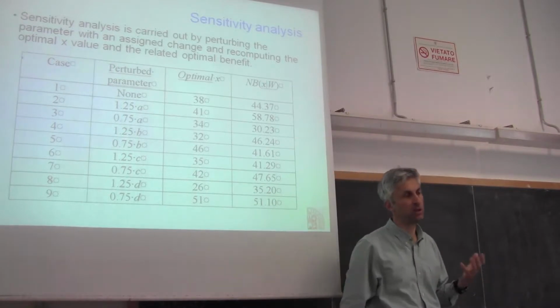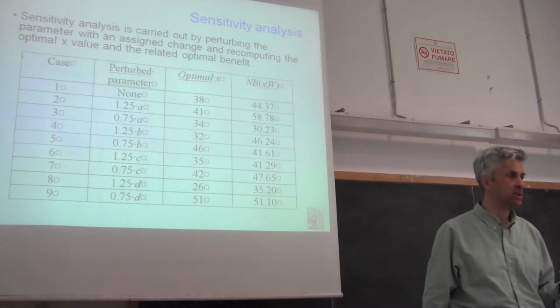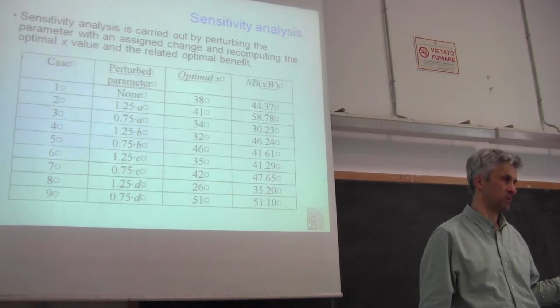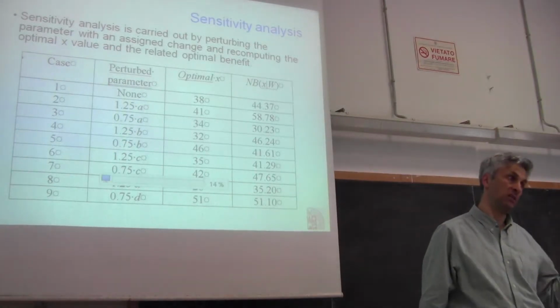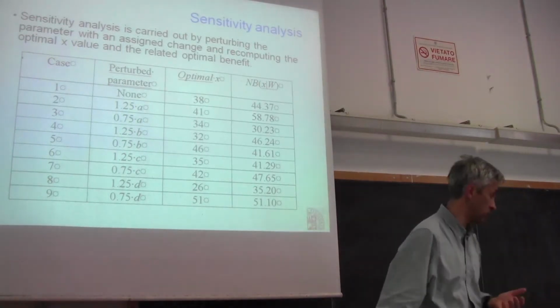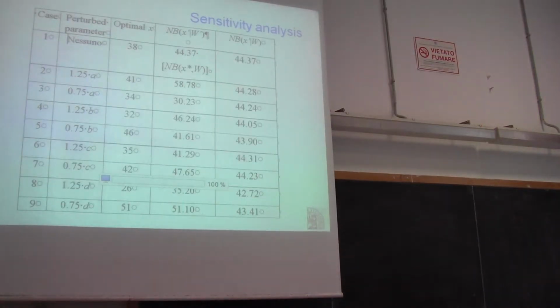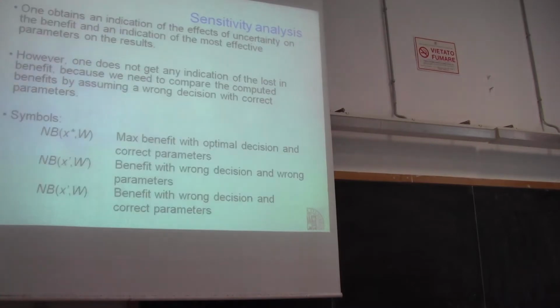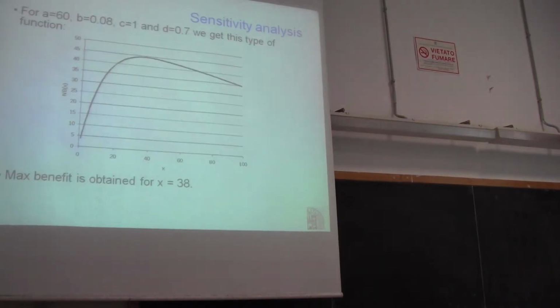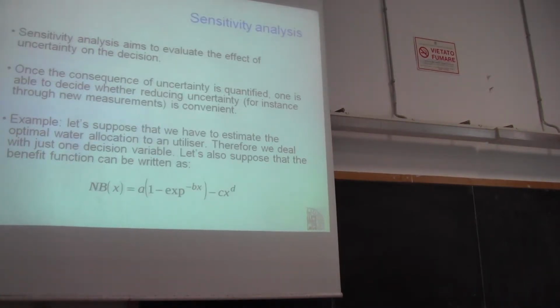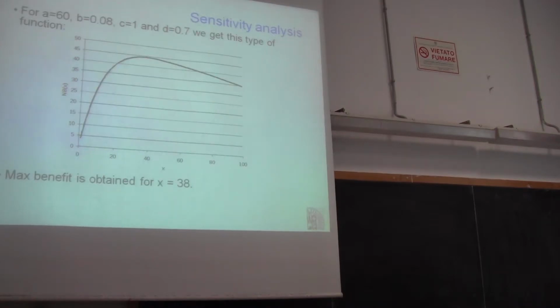In practice, I may know that A is estimated with a good accuracy. What is A? You may remember, if you look at this graph here, what is A? The value of A is 60.